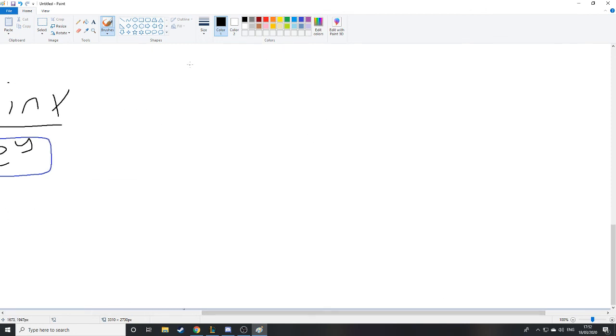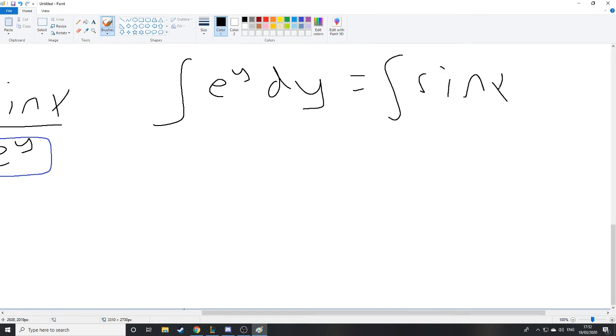So now we need to integrate e to the y dy, and integrate sine x. So quite easy integrals.